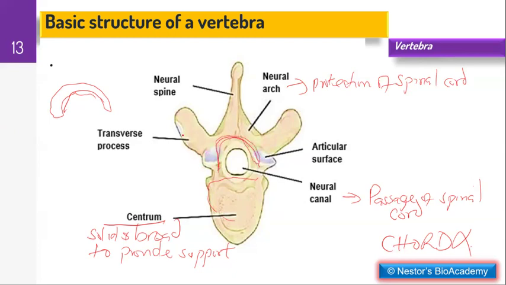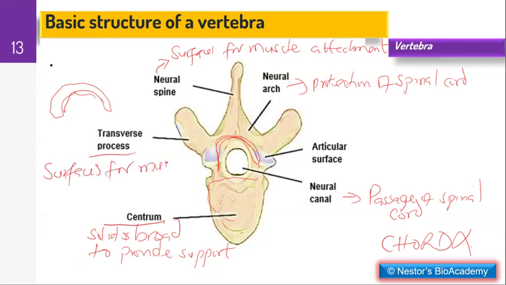So we can actually argue that the transverse processes and the neural spine are emanating from the neural arc. Then the neural spine provides surfaces for muscle attachment. And the same is also for the transverse processes. They also provide surfaces for muscle attachment. And in most cases, a typical vertebra will always have two transverse processes.